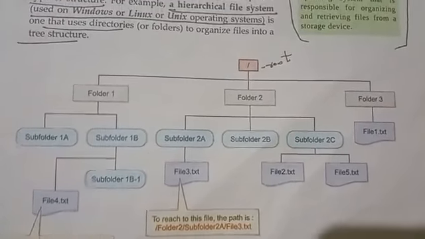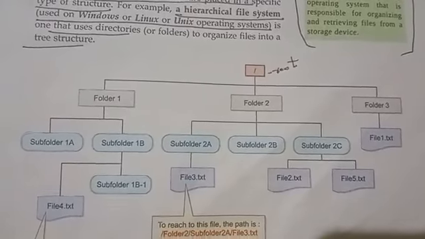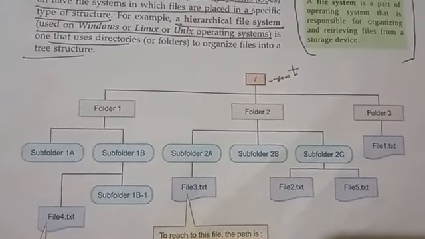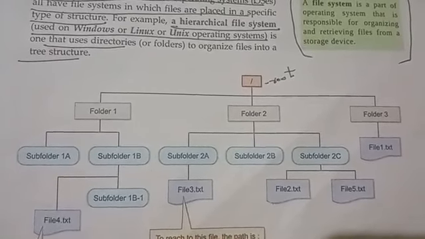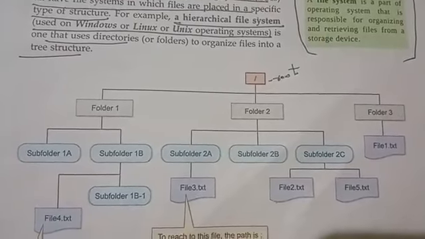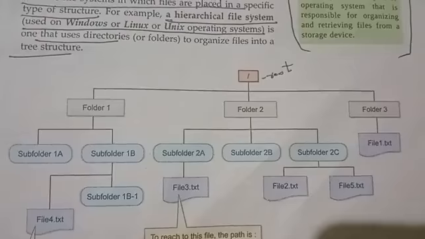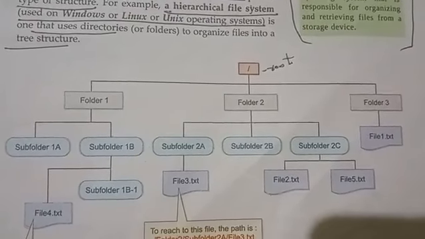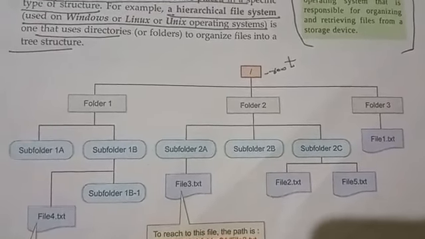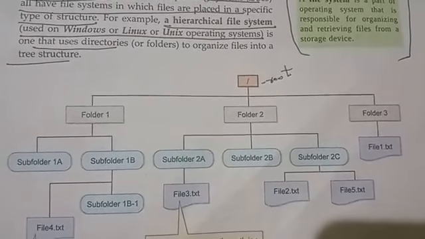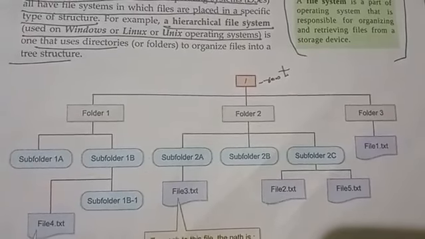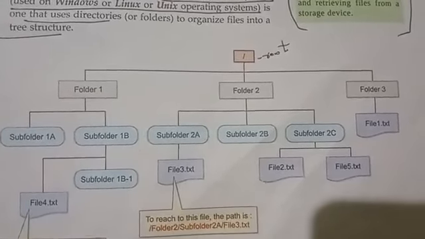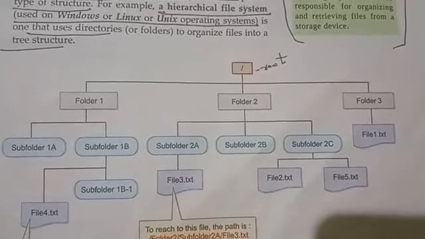In the root, the main top, there is a slash folder, then subfolders, then again a subfolder, and inside that subfolder finally we store our file in the form of txt. Txt means text file. We can store any type of file. So in the hierarchical structure, the first level is root, then folder, then subfolder, then only our original file is stored.